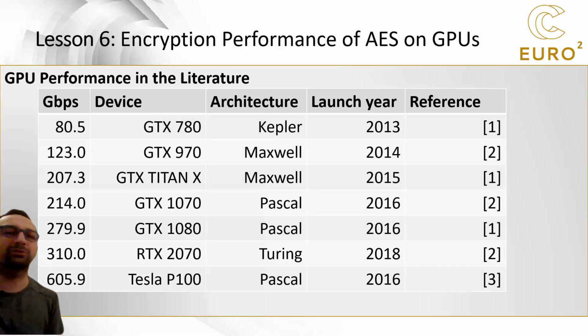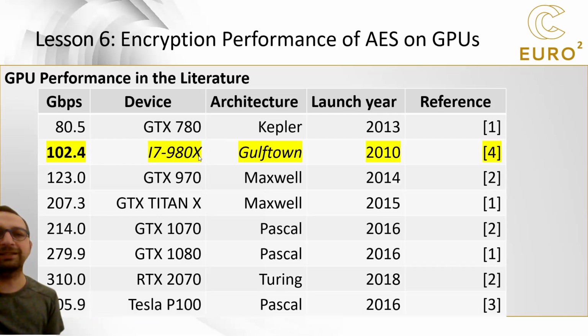Since 2010, Intel and AMD CPUs have hardware-level AES instruction sets. These are called AES-NI. NI is short for new instructions. So you can actually perform encryption at the hardware level on CPUs.